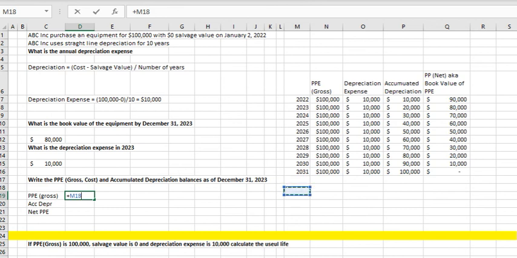Gross will stay the same at 100,000. Accumulated depreciation is a negative balance. In 2 years, it's going to be negative 20. Net PP&E is going to be the sum of the two. Hope this helps. We are going to continue with this exercise with a bit more complicated examples.